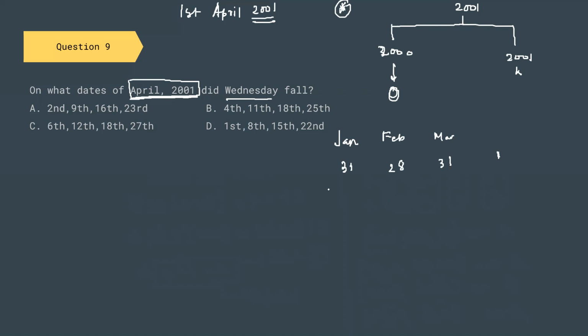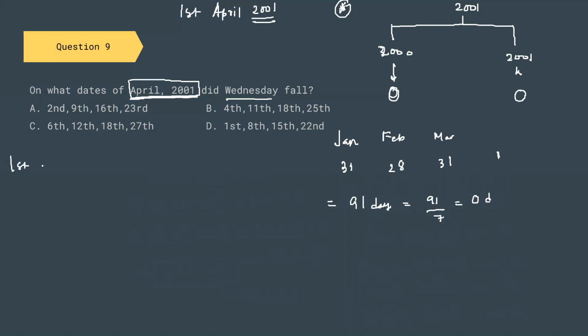So this is 1. Adding all these days, we get 91 days. 91 divided by 7 gives us 0 odd days. So this is 0 odd days.